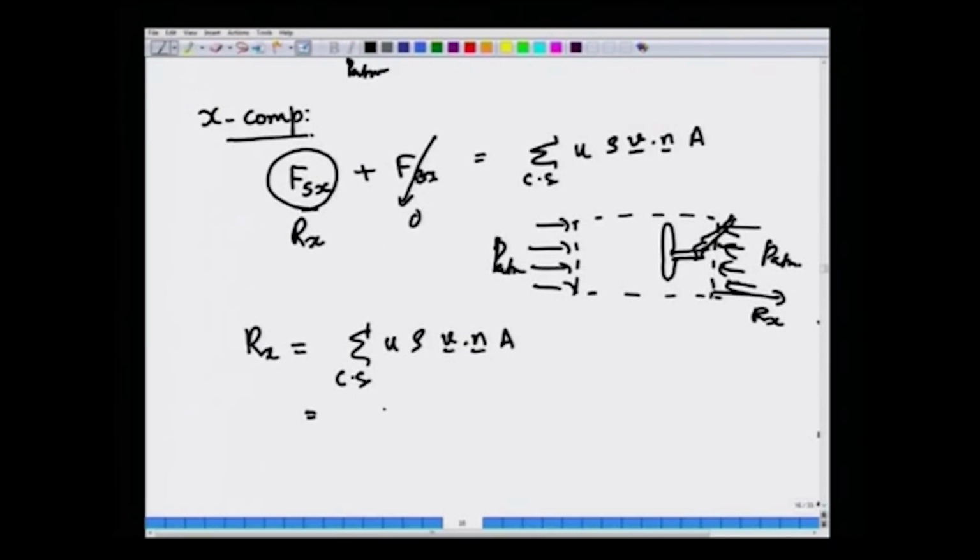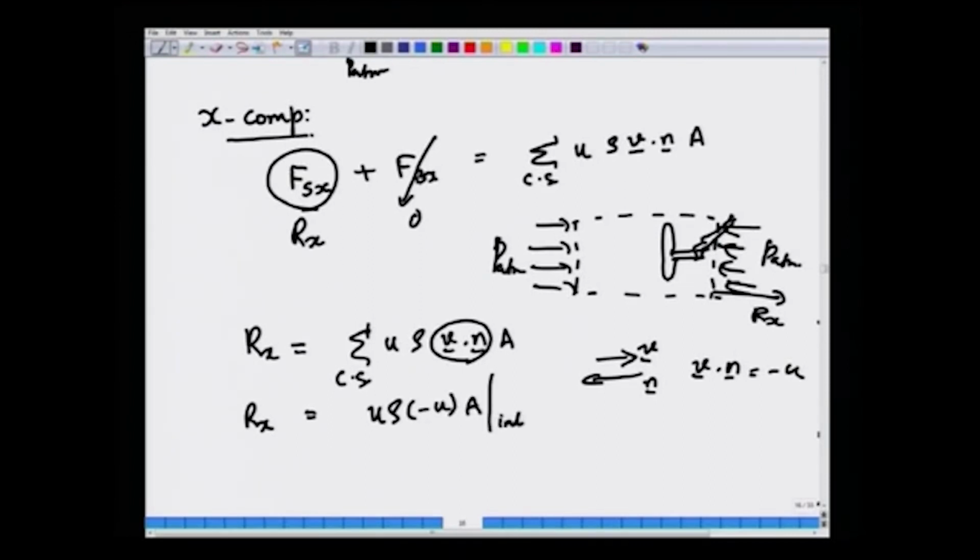So, at the inlet, R x is u, v dot n. v is in the direction of plus x, whereas the unit outward normal is in the direction of minus x, so v dot n is minus u. So, u times rho times minus u times A at the inlet, which is equal to minus rho u squared A.